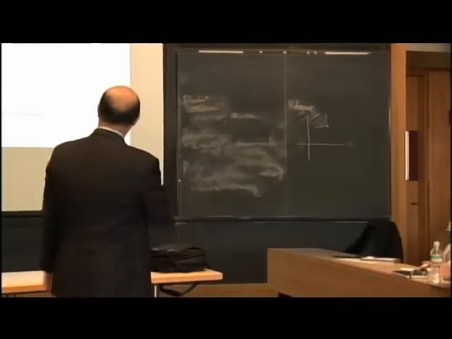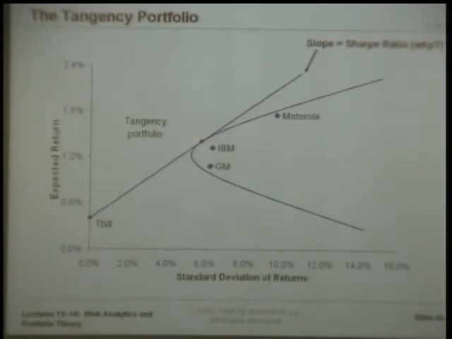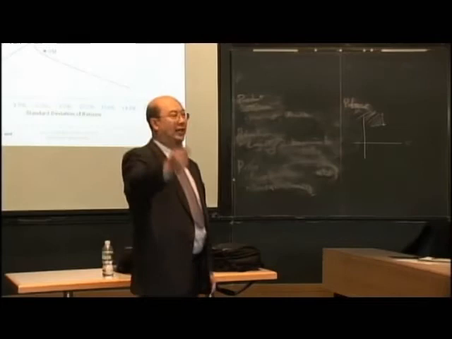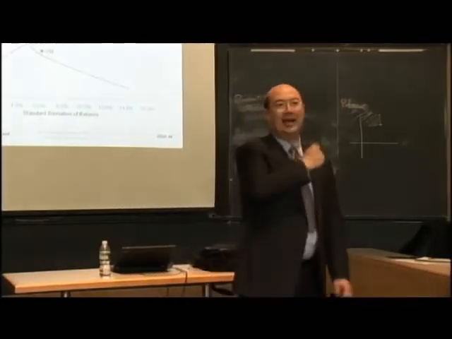So let's suppose that this point right here is the point that I want you to draw the indifference curve from, which is a standard deviation on a monthly basis of about 6%, and an expected return of about, say, what is it, 1.4% or something? So you've got a monthly return of 1.4% and a risk of about 6%. Give me another point that you would be indifferent between versus that one.